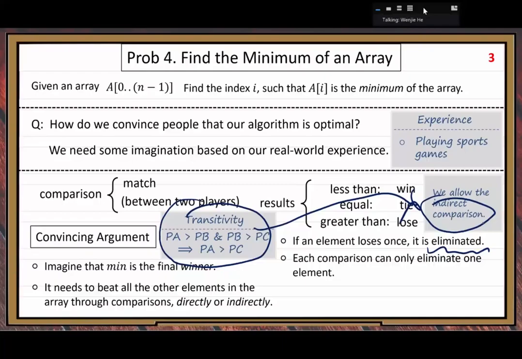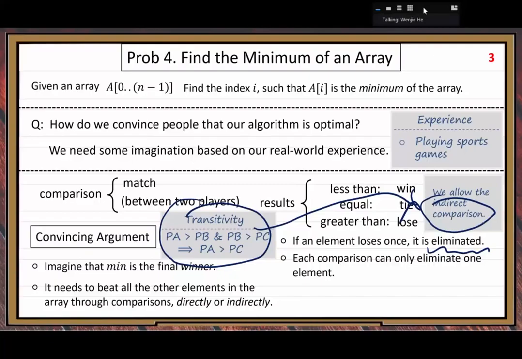You do one comparison between two elements. Before the comparison, you have no information which one is smaller. We need to assume both elements have a chance to be the minimum. Then after one comparison, one is greater than the other.